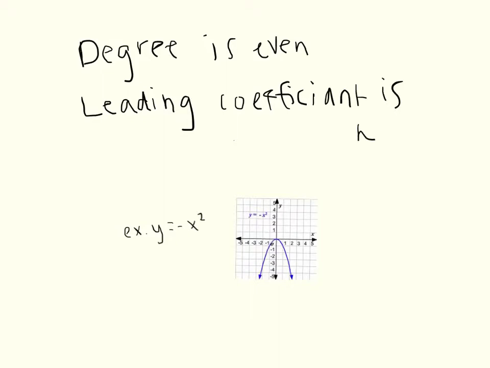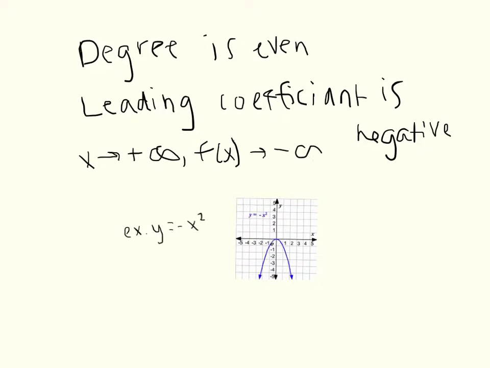And the end behavior can be described as when x approaches positive infinity, f of x approaches negative infinity, and as x approaches negative infinity, f of x also approaches negative infinity.